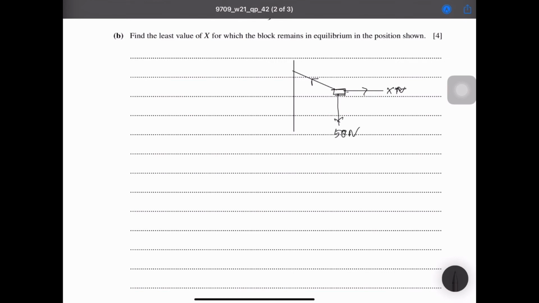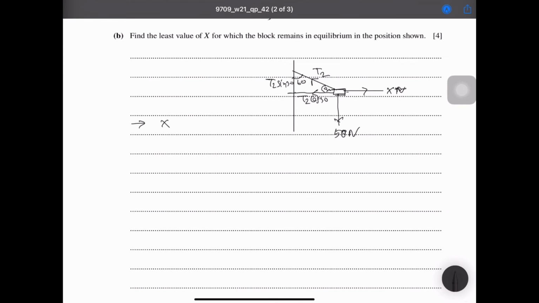So resolving, this is 60, we can consider it as T2, and this is 30 degrees. So T2 cos 30, adjacent to the side, and opposite to the side, T2 sin 30. So let us resolve this in the direction of x.